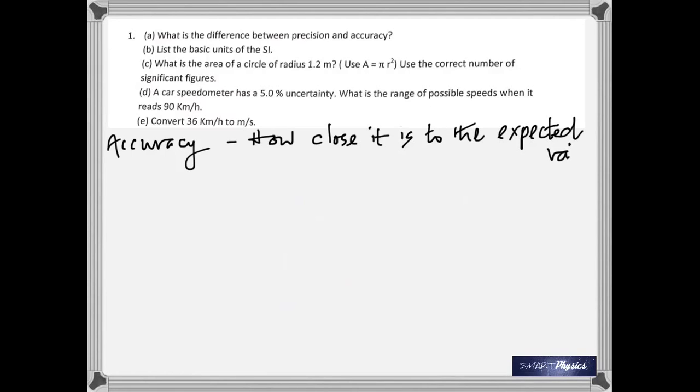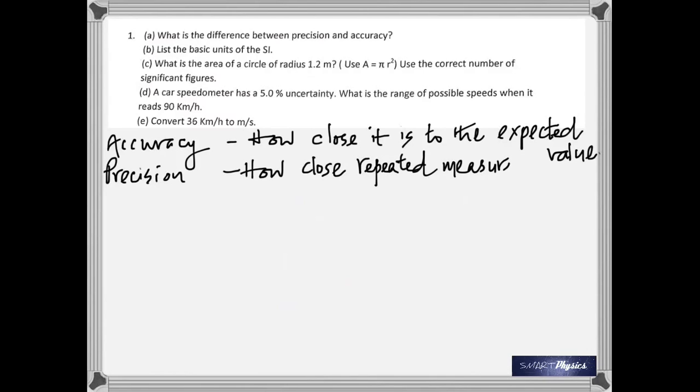But precision is when you repeat the experiment several number of times, how close all your answers are to each other. So if you are both accurate and precise, then the answers will all be close to each other and will also be very close to the expected value.